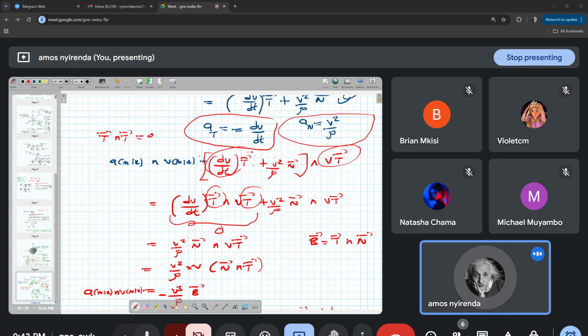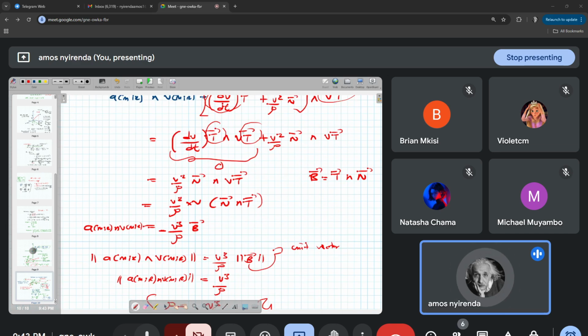You can distribute it over a sum or over a difference. So when we distribute this vector product, we get what is on this line here. If you have the same unit vector t, and you take the vector product, it is going to be 0, because it's the same vector.